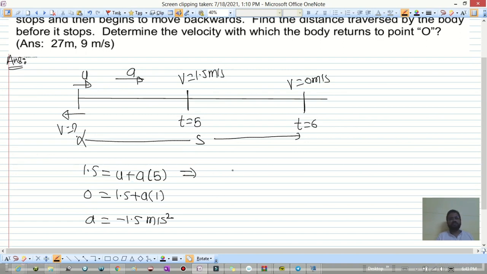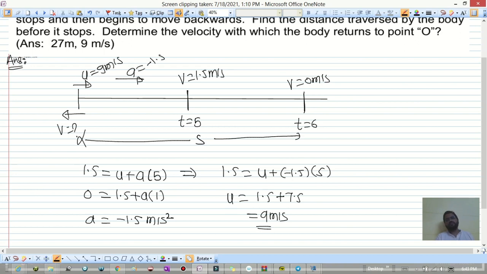From this we get 1.5 is equal to u plus minus 1.5 into 5. If you calculate u, you will get 1.5 plus 7.5, that is 9 meter per second. So this is the initial velocity, 9 meter per second, and the acceleration is minus 1.5 meter per second squared, that is, a deceleration of 1.5 meter per second squared.